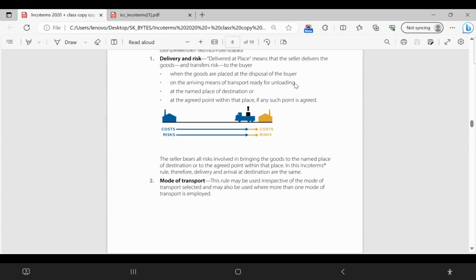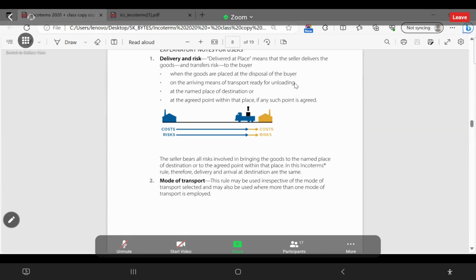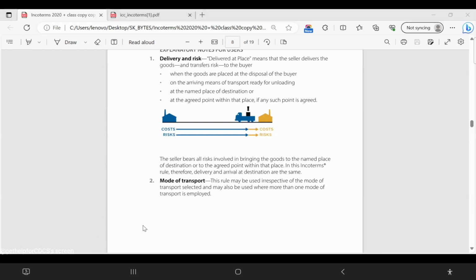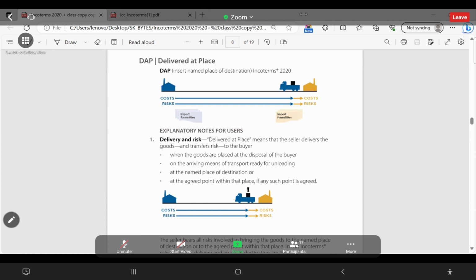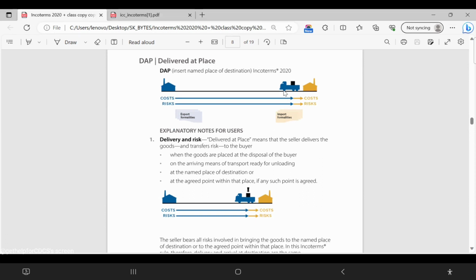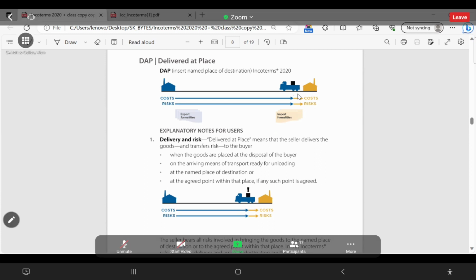Somebody was talking? Yes, Sunil. I was asking one thing. Ready to deliver means what? Ready to deliver means the seller is taking his truck and leaving it at the buyer's disposal. The truck will go and stand there, and the importer has to arrange for unloading.